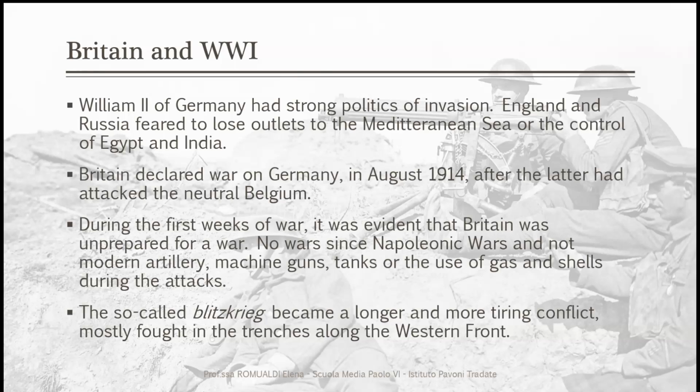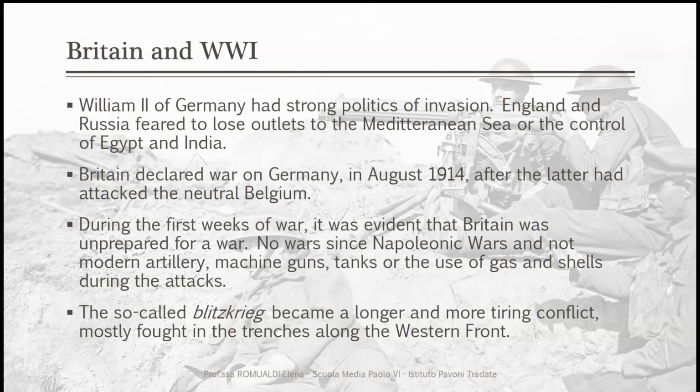And also after a couple of weeks, it was evident that the so-called Blitzkrieg, la guerra lampo, the flash war, became a longer and a tiring conflict. You can imagine a nation that was not prepared for the war had to fight with a strong enemy for a very long time.